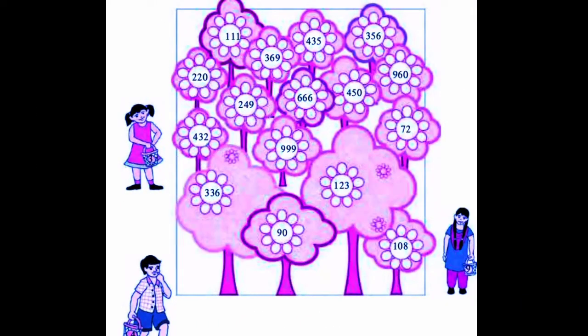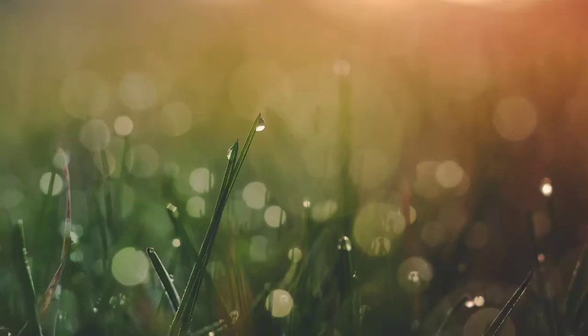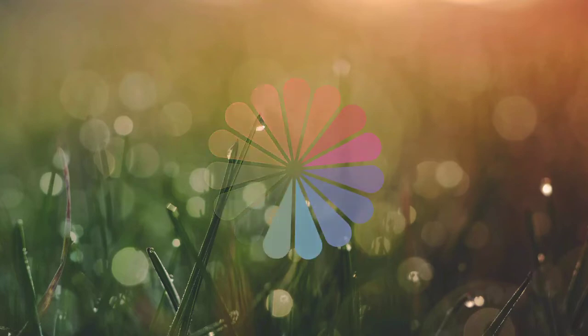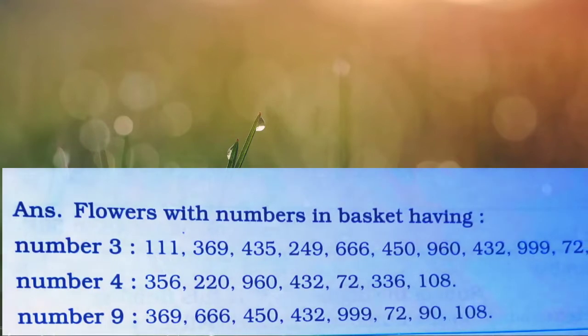See the question figure. Here the flowers have been given some numbers and 3 children are standing near it. The first child has the basket of 3. Let us see the answer. Children, the 3 children have 3 baskets.